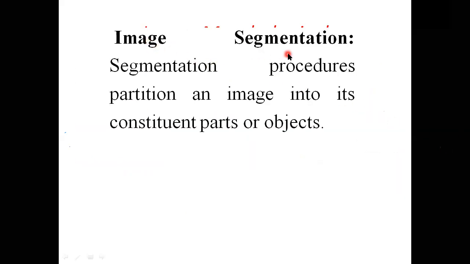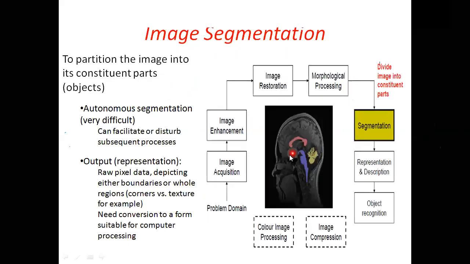Next, image segmentation. Segmentation procedures partition an image into its constituent parts or objects. See here, this is the segmentation. If this is the total head of the body, in this head we need only some of the objects, not the total head, depending on our problem.